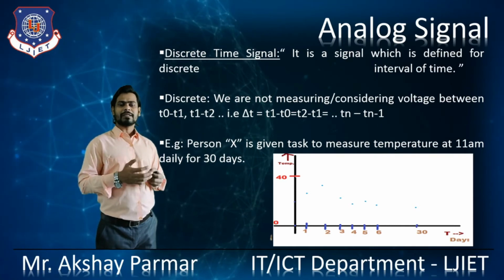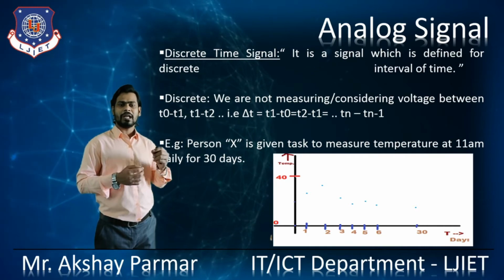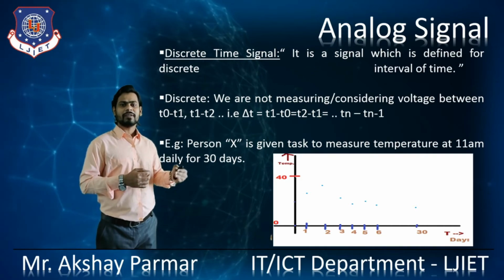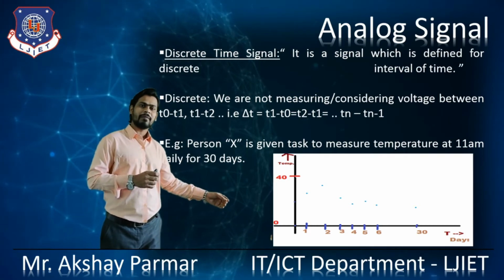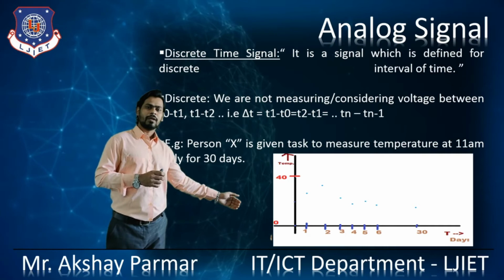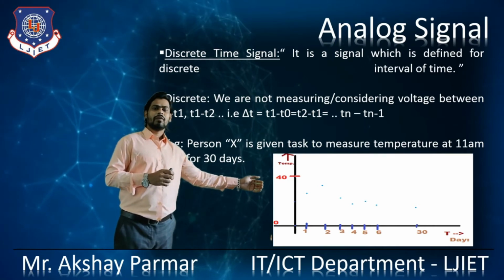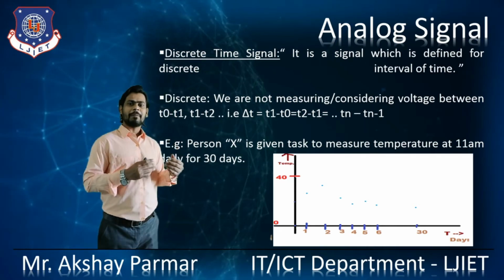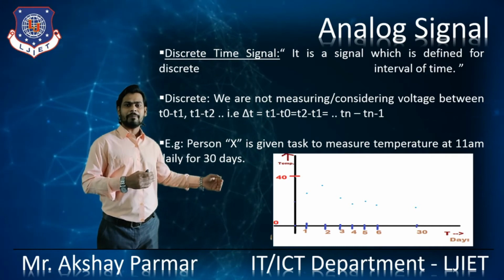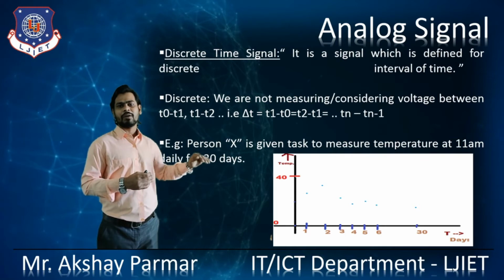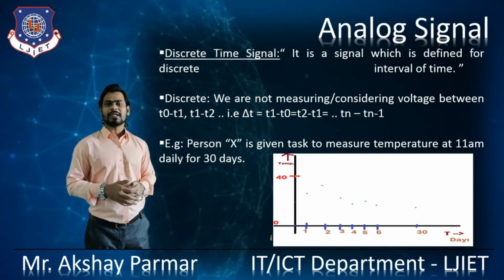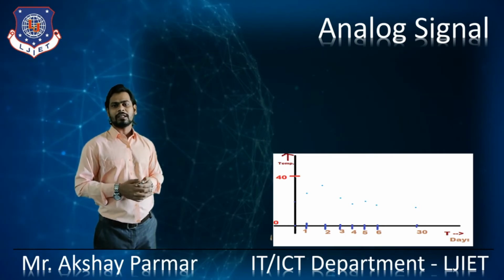So we measure the temperature at sharp 11 am on day 1, day 2, day 3, day 4, day 5, and so on. But the temperature measured on a particular day can be any value within a range. This is how a discrete time signal works in analog signals.